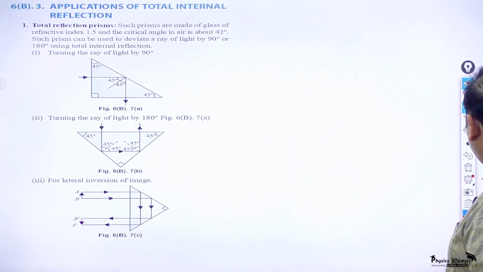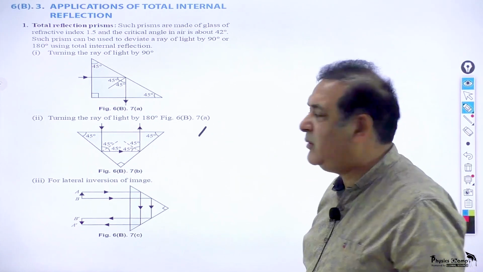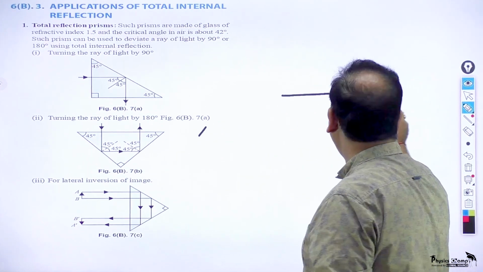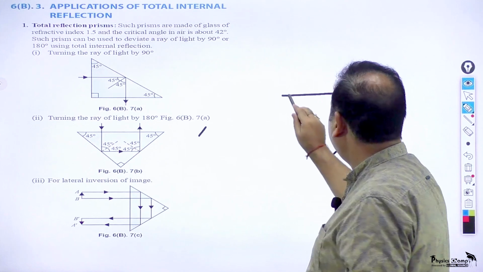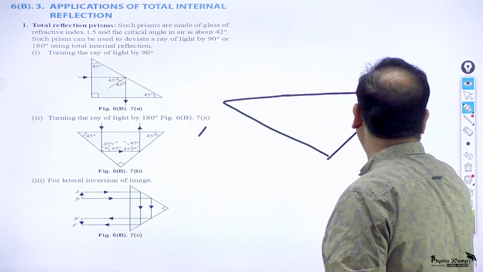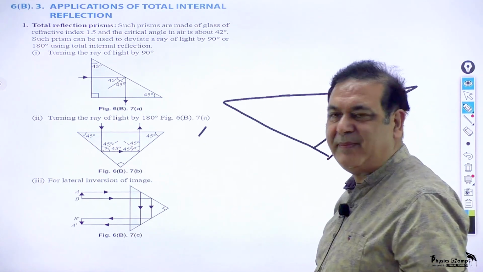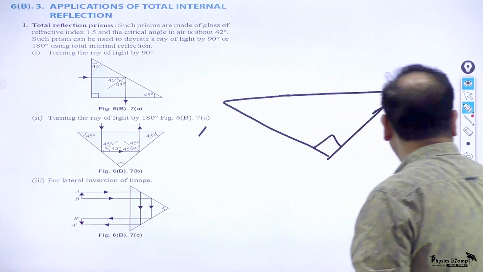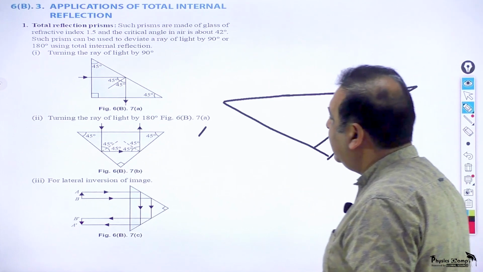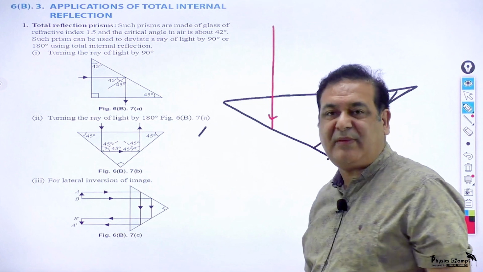Now we take another example where the same prism can be used for change of path of ray, and that is, just imagine you have a prism this time like this. And yes, obviously it's a right angled prism. Now here, the light beam is made to incident normally like this through the base.